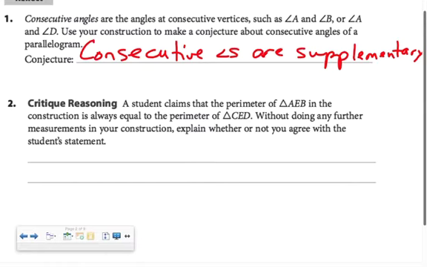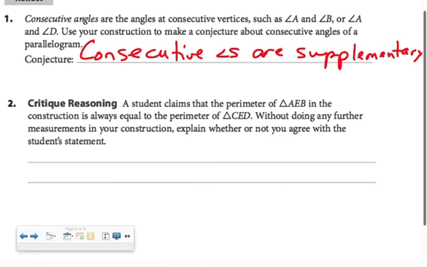So in this question 2, it says, a student claims that the perimeter of triangle AEB in the construction is always equal to the perimeter of triangle CED. Without doing any further measurements, explain whether or not we agree with the student's statements. Well, if we look at triangle AEB and triangle CED, we know that AB is congruent to CD.